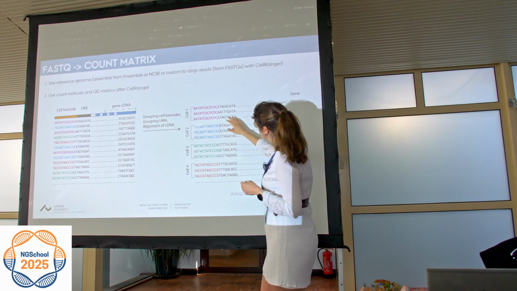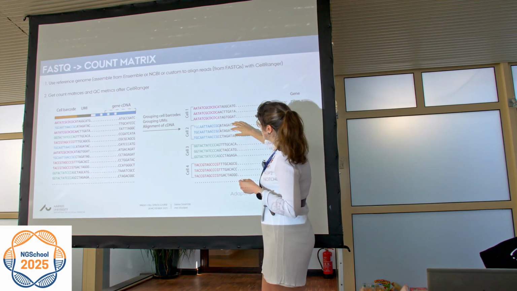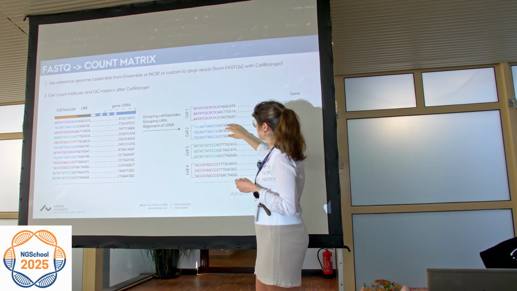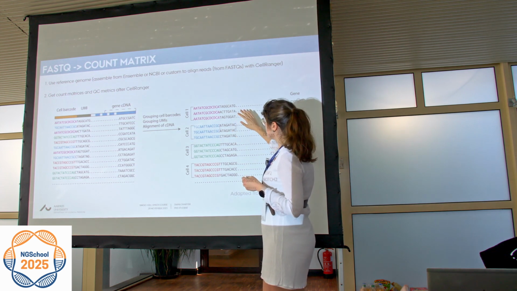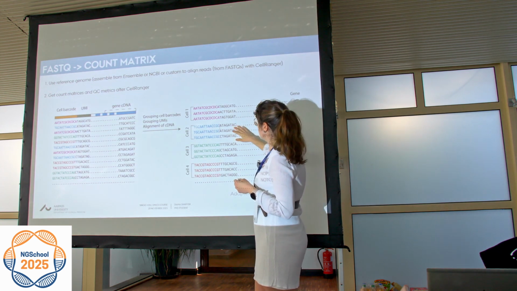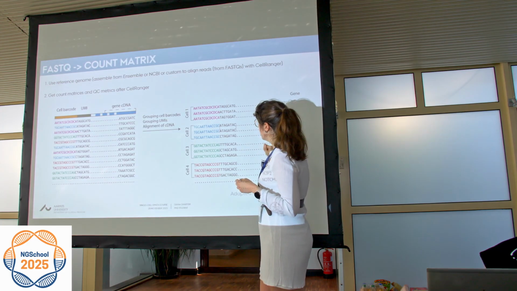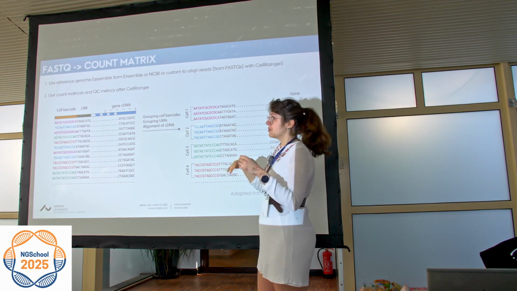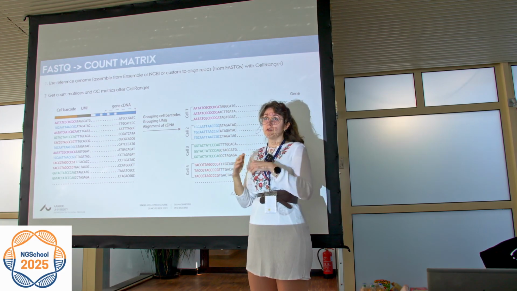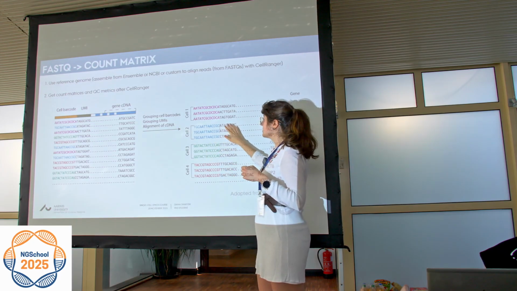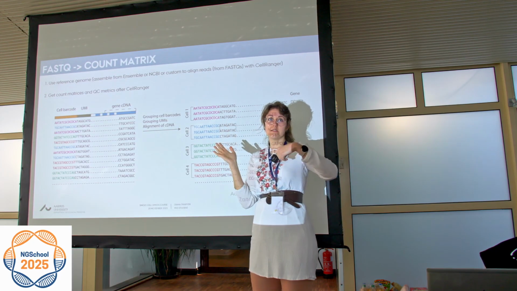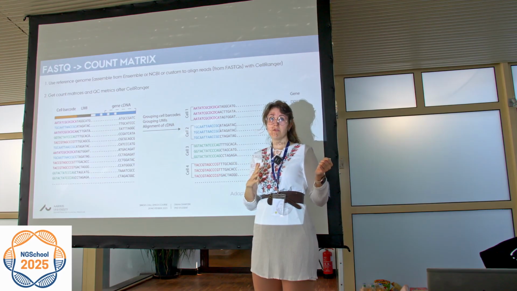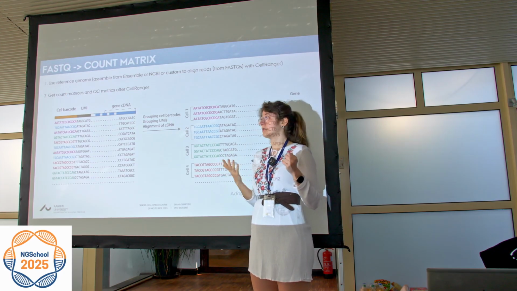For example, here all of them are unique, and then you're comparing UMIs. That's important because of such a thing as PCR amplification bias. When you amplify mRNAs, you also amplify UMI, so you need to understand: is it just a molecule that was amplified, or is it a real original mRNA?